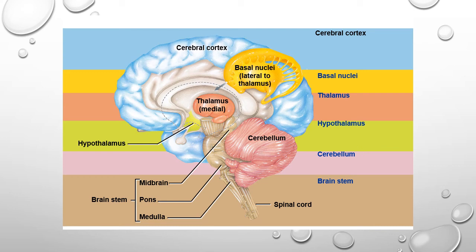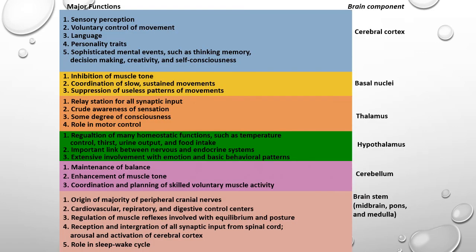We have our basal nuclei, the thalamus, the hypothalamus, the cerebellum, and the brainstem, all giving different functions to the brain itself, and to a certain degree, moving from more basic functions to more complex functions as we move up the pathway, give or take a little bit.